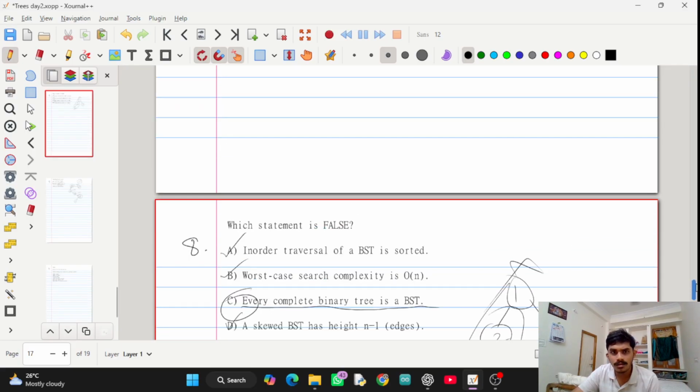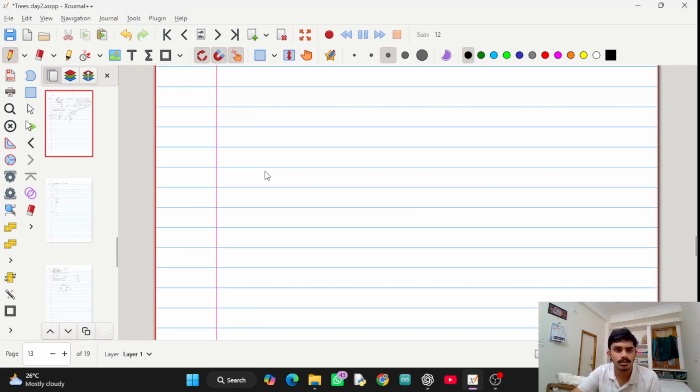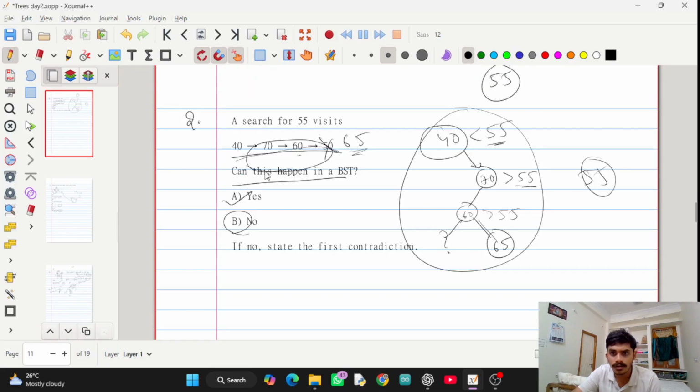So does that mean our first thing is also impossible? Let us consider that. I'm also human, I can make mistakes, but the important part is rectifying those mistakes. Yeah, this is completely fine, because we have 40, then 70, then 60, and 55 can be found on the right side of 40.